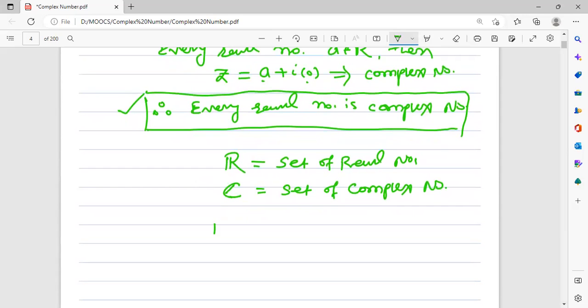Therefore, R is always a subset of C. Hence, the set of real numbers is a subset of the complex numbers, because we know that a real number can be written in this form. Thank you.